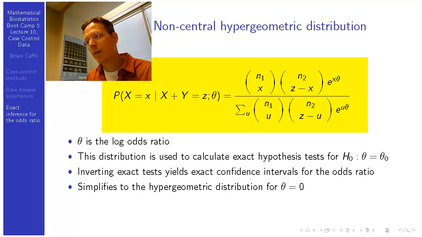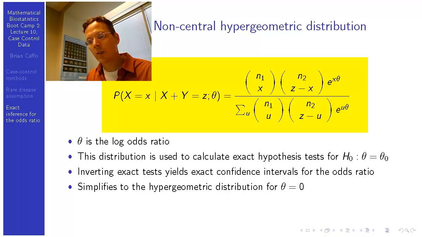And so what we have here is it depends on theta, this log odds ratio. But notice it doesn't depend on delta, right? So we've gotten rid of delta, and that's this idea of conditioning away the nuisance parameter. Here, conditioning on x plus y, it conditions away the nuisance parameter.